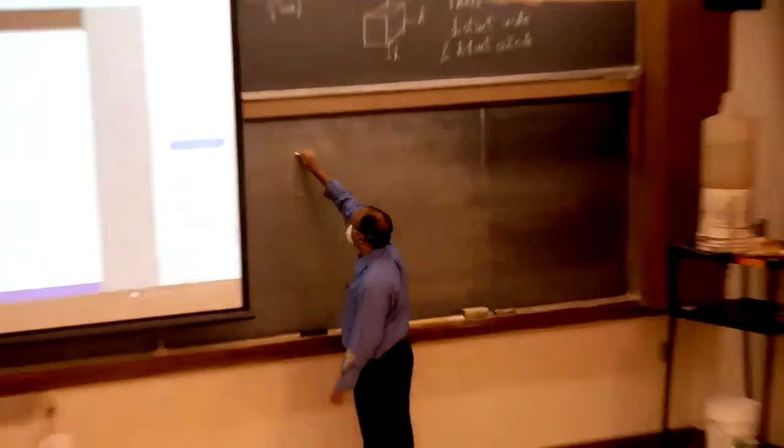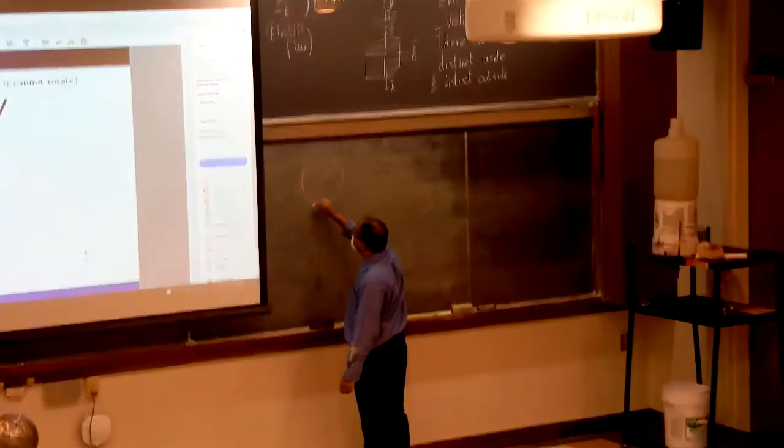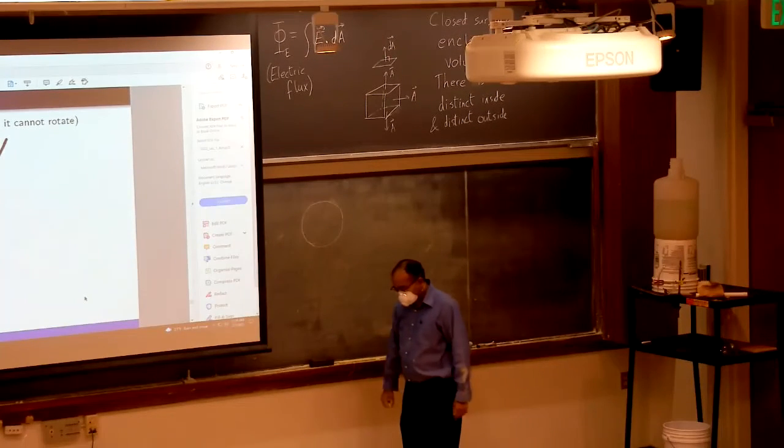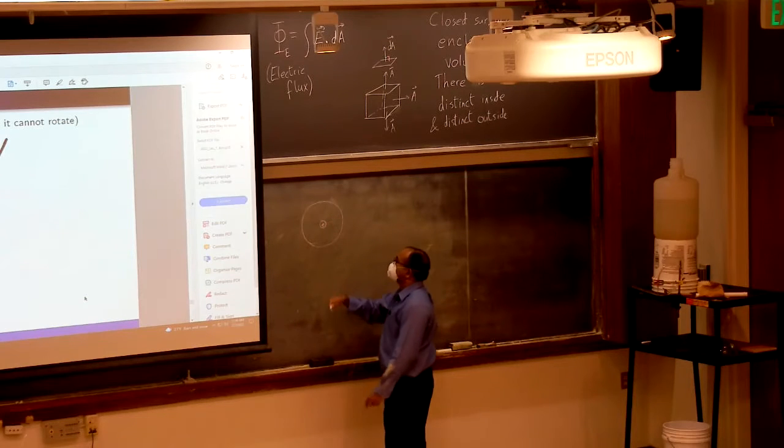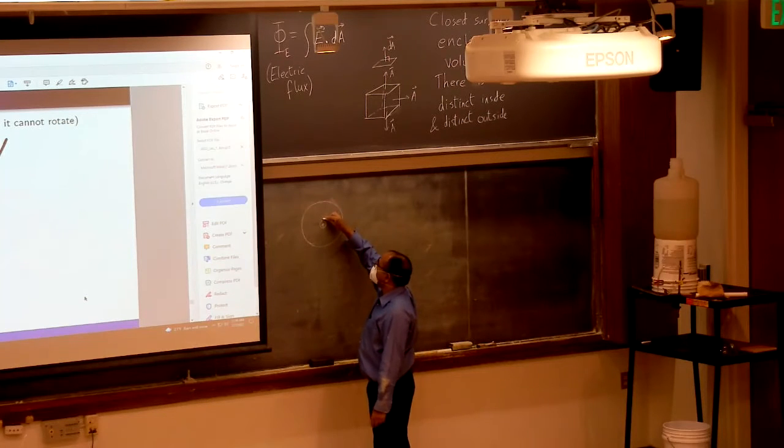So yeah, if we had a sphere with a point charge right in the center, then the field lines would be going outward in all directions.